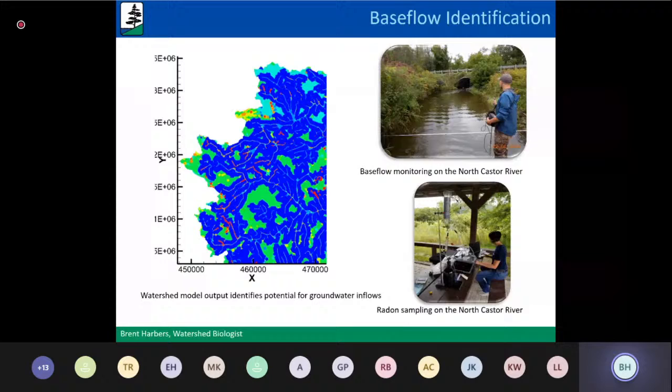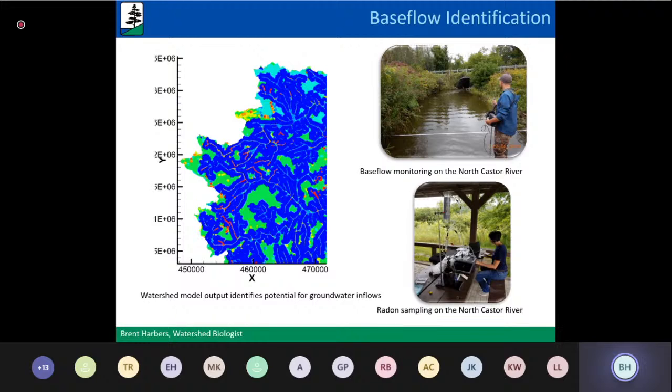So there's no surface water in the stream. So we reach these points in the middle of the summer when it's hot out and it hasn't rained for over 72 hours. The water levels have reached a point where they're no longer going up or down. We can assume we're in what's called base flow conditions. And that's a time when all that water in the stream is essentially just from groundwater inputs to the stream.